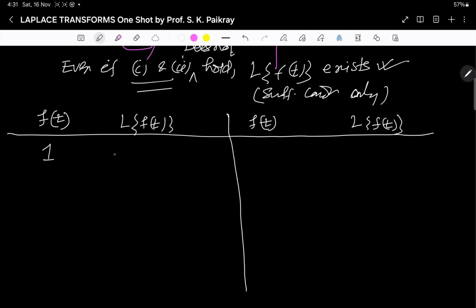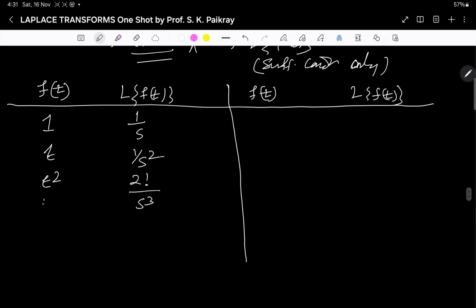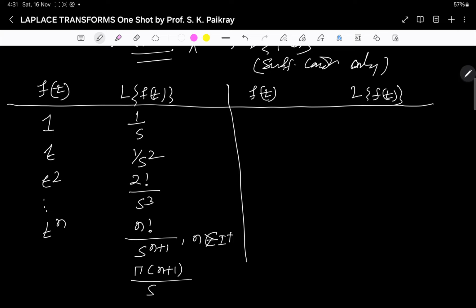If f(t) is 1, then the Laplace transform is 1 by s. If it is t, it is 1 by s square. If it is t square, it is factorial 2 by s to the power 3. Likewise, if it is t to the power n, then it is factorial n by s to the power n plus 1 when n is a positive integer, and it is gamma n plus 1 divided by s to the power n plus 1 for n a real number.